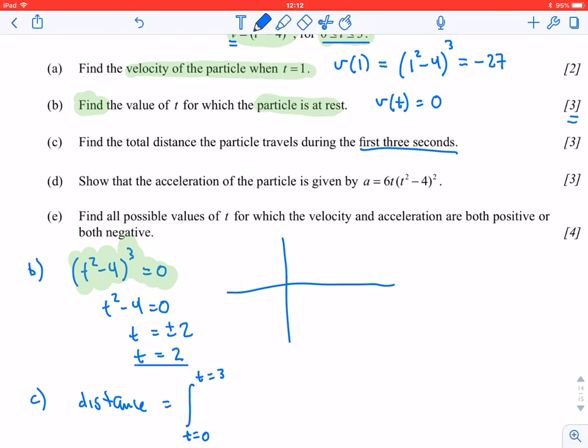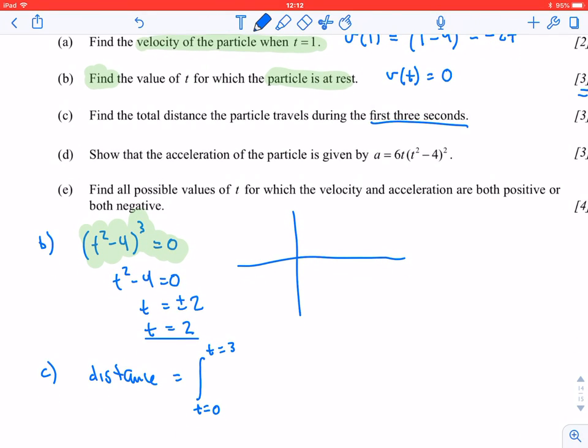The way you find distance from a velocity versus time graph is by taking the absolute value of the velocity function and integrating it with respect to time. That is our definition. And so part of getting credit for this is having an integral expression that correctly states that.